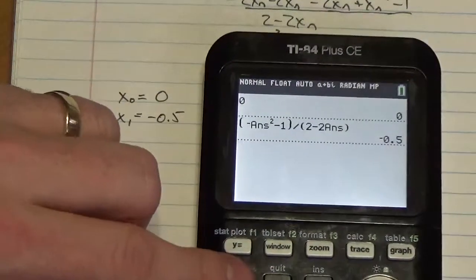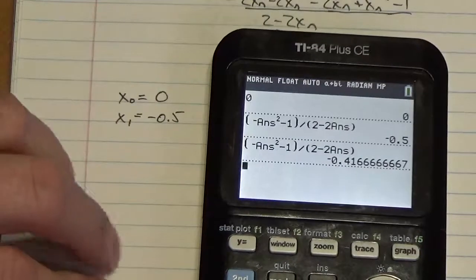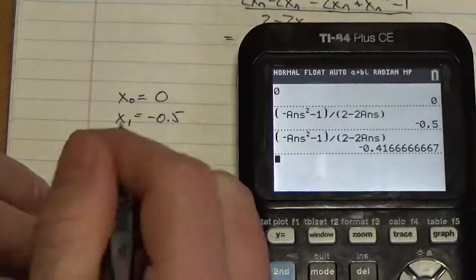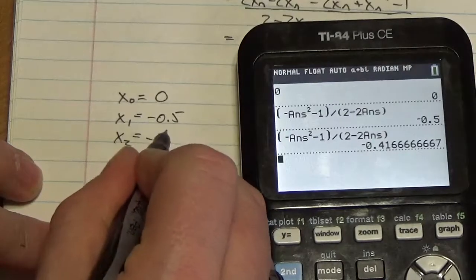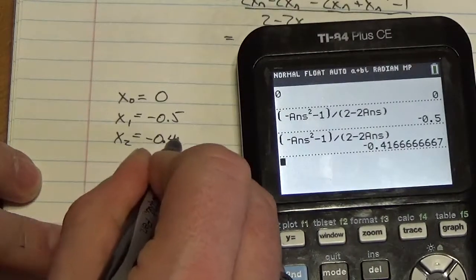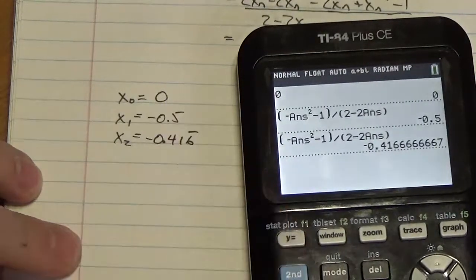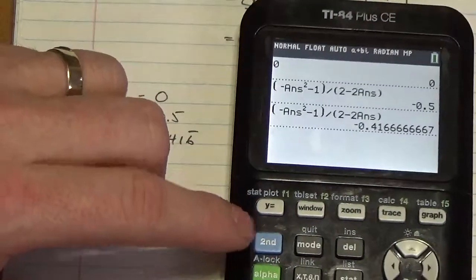Then I'm going to go second enter, and let's do it again. Well, now we're getting a more interesting number here. So x2, my second guess, is negative 0.41, looks like 6 repeating. Let's do it again.